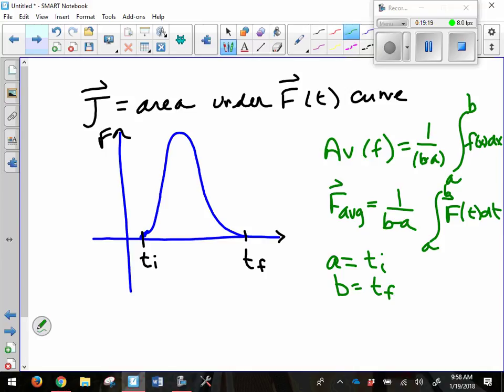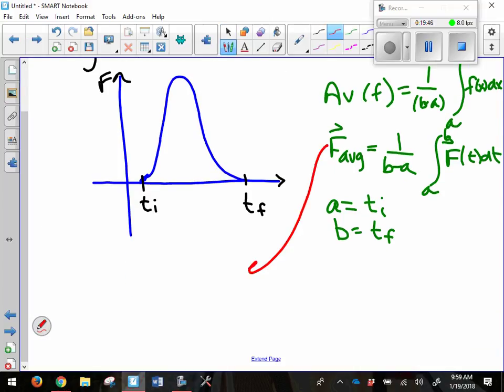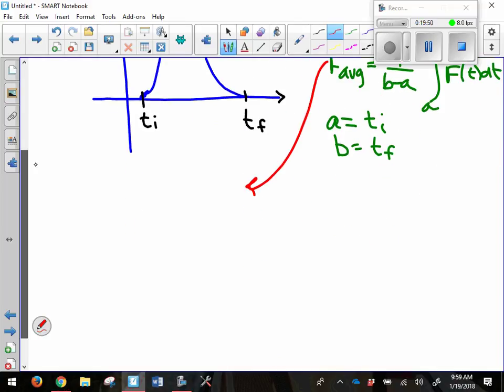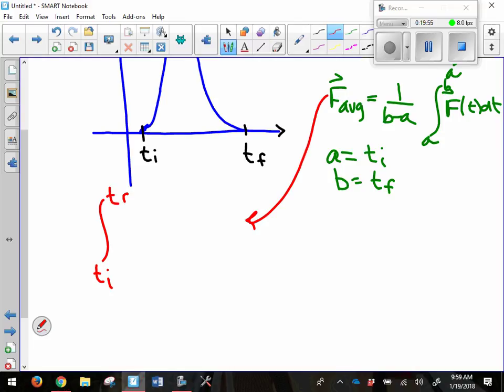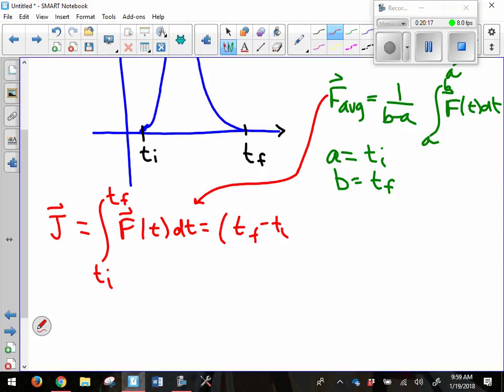So that means that I can take this formula and I could say that my integral, I'm going to change my a and b to my t_i and my t_f, of F of t dt, which is, remember, what my impulse is, that I could write that as t final minus t initial times F average, right?